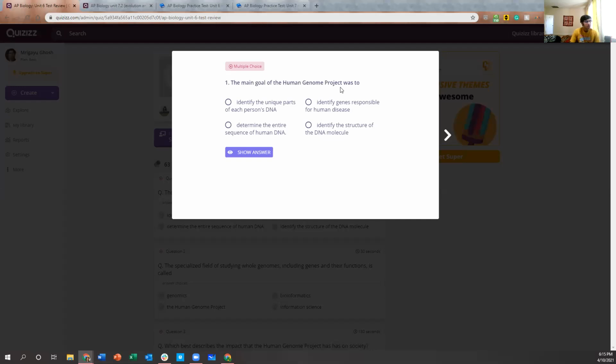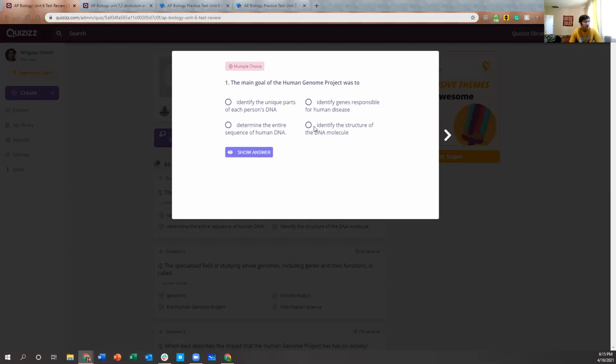The main goal of the Human Genome Project: well, the Human Genome Project sequenced the entire human genome, right? It went through all the DNA and figured out what sections of DNA were responsible for what genes and that kind of thing.